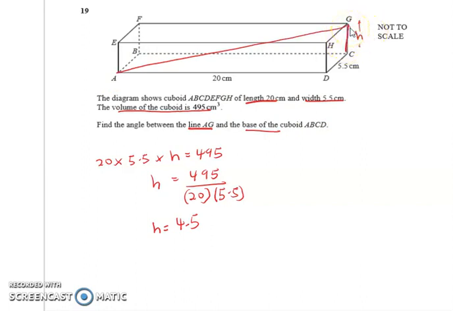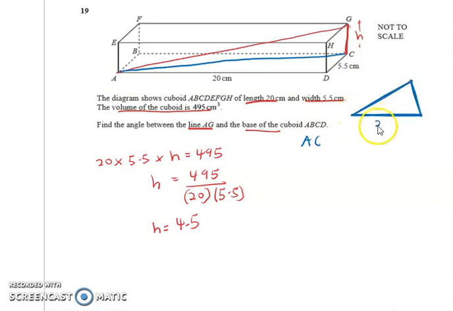We have to consider the height, and we also have to look at the diagonal here, this part, the AC. To find the diagonal AC line, we have to use Pythagoras theorem. So we have here 20 centimeter.